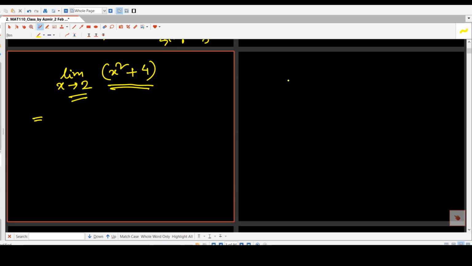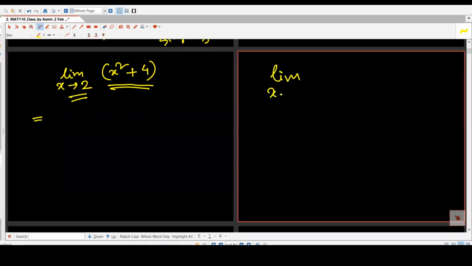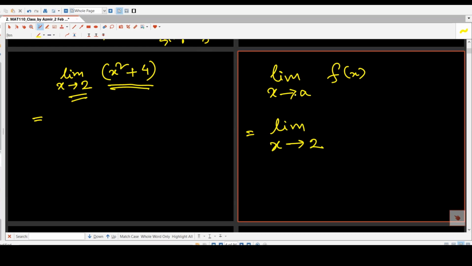We can understand this with the same notation, limit x approaches a, f of x. Here it is limit x tends to 2. We can say x approaches a or x tends to a.